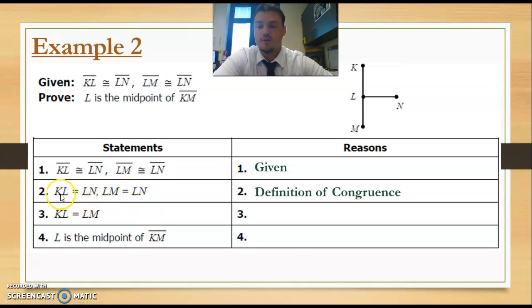Now, next up, we know that KL equals LN, and we also know that LN equals LM. Therefore, we can say that KL equals LM because that's the transitive property.